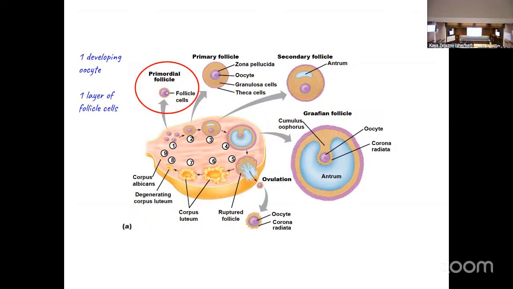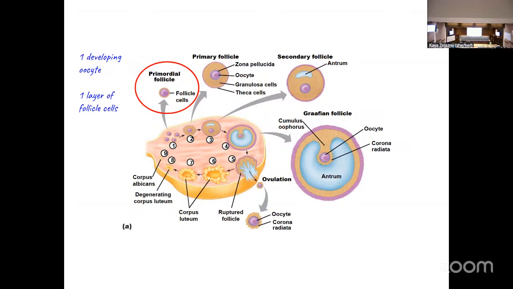So this little one here at the beginning, we're looking at that primordial follicle. That primordial follicle is the one that's in your ovary starting from birth. It has those developing oocytes in this phase we call meiotic arrest, because we've started meiosis one, but technically we're paused in prophase of meiosis one if you want to be technical about it.